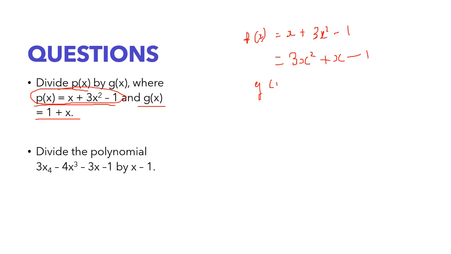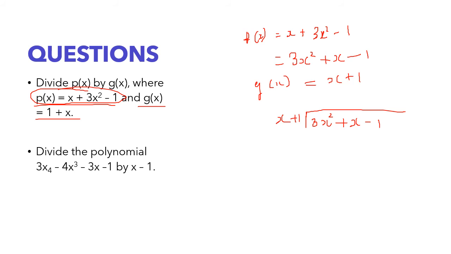Similarly g of x is 1 plus x, but I'm writing it as x plus 1. Now I'll write it as a long division: 3x square plus x minus 1 divided by x plus 1.